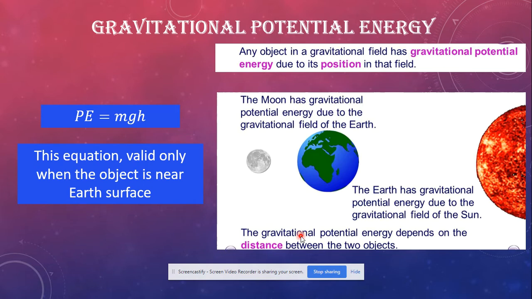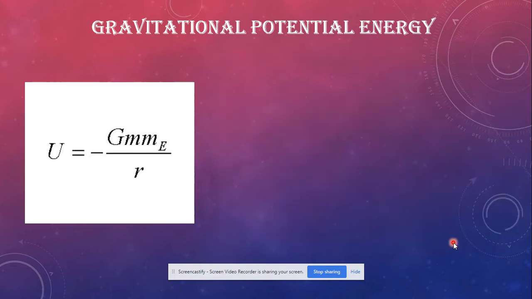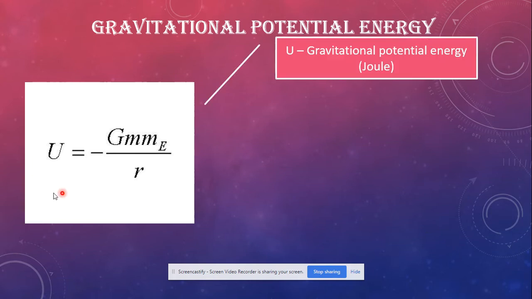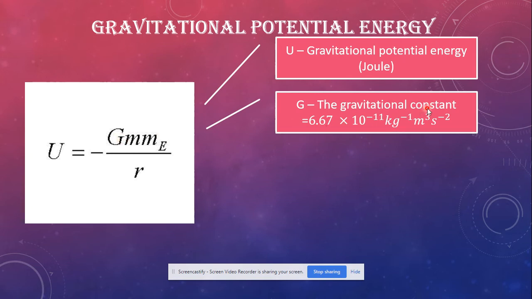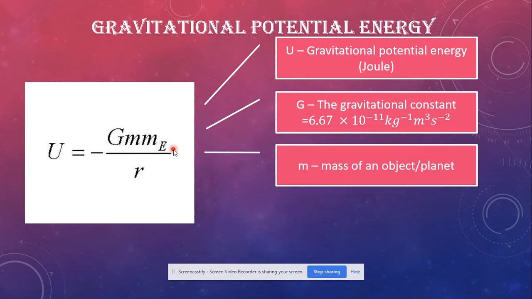So the gravitational potential energy depends on the distance between the two objects. Now, that potential energy can be expressed using this equation, where U is the gravitational potential energy, with the SI unit of joule, equal to negative G, where G is the gravitational constant, similar to the value we just learned, and M is the mass of an object or planet that interacts with the Earth.